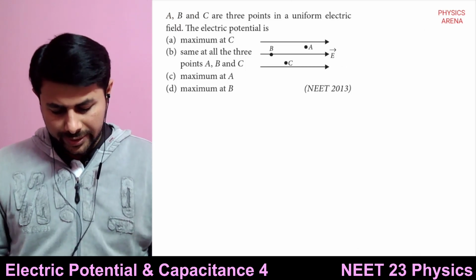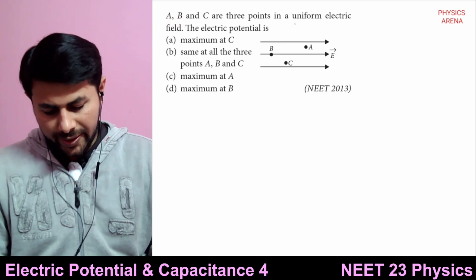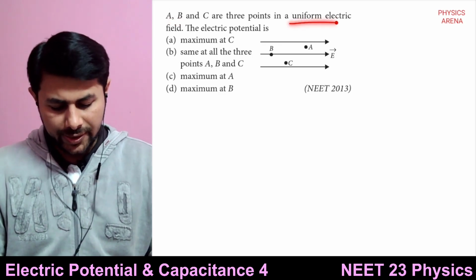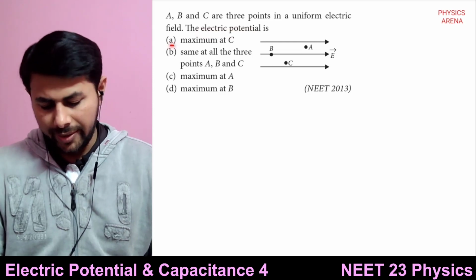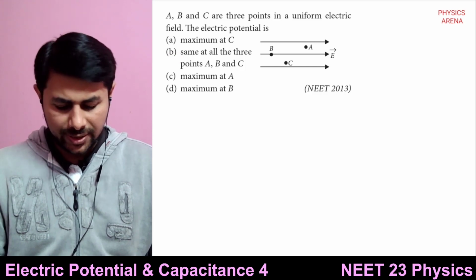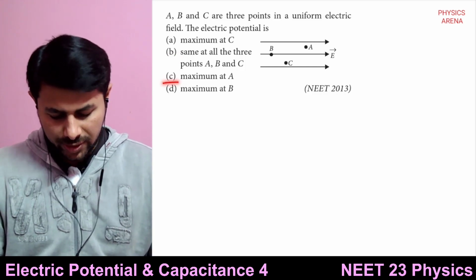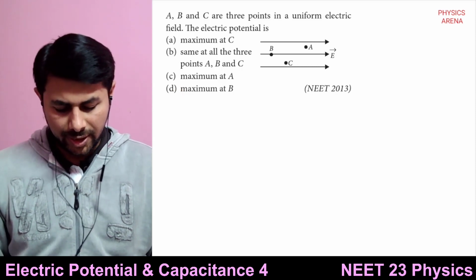Now, let us see the next question. A, B, C are 3 points in a uniform electric field. The electric potential is A, maximum at C; B, same at all the 3 points A, B and C; C, maximum at A; and D, maximum at B. Tell me.